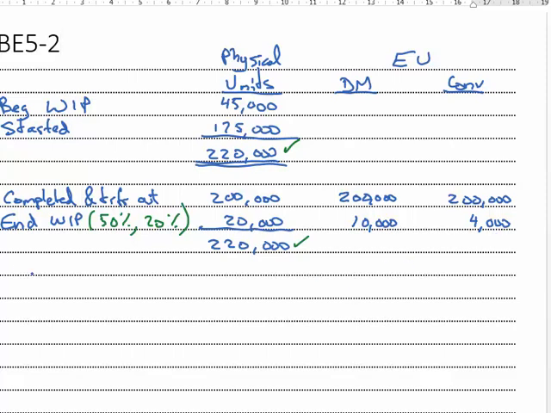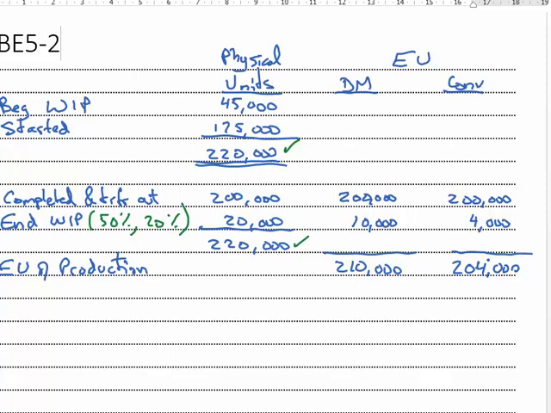So equivalent units of production, add them up, 210,000 equivalent units with respect to materials, and 204,000, that's a 4, not a 9, 204,000 equivalent units with respect to conversion costs.